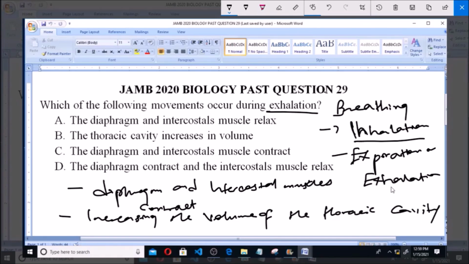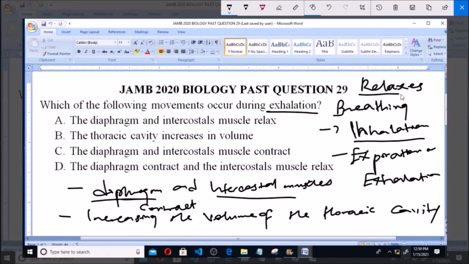But during exhalation, these muscles that contract during inhalation will then relax. That is, the diaphragm and the intercostal muscle will relax, so that there will be a decrease in the volume of the thoracic cavity, and the air can be given out to the environment.